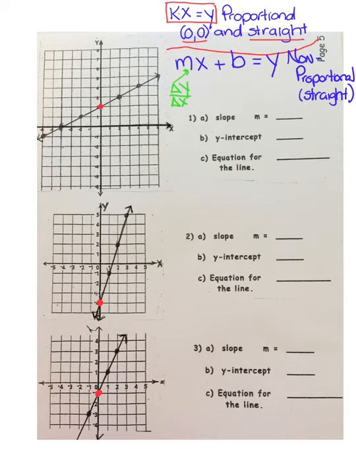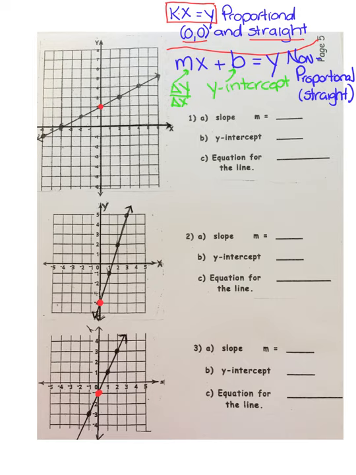That is the ratio delta y over delta x, and we can find that rise over run on the graph. Your b is your y-intercept. That is the location where your line intersects the y-axis.